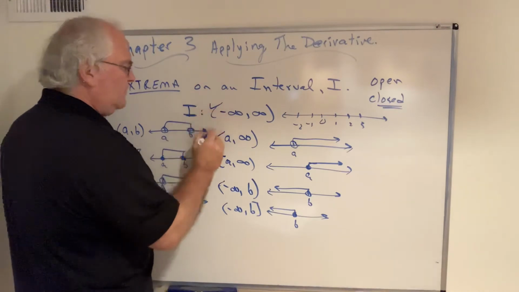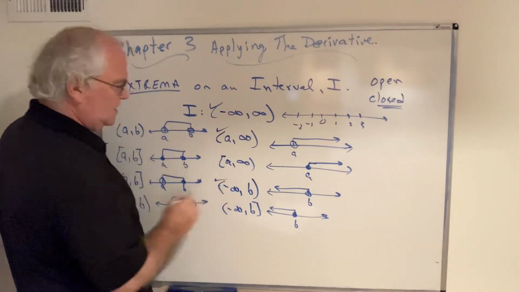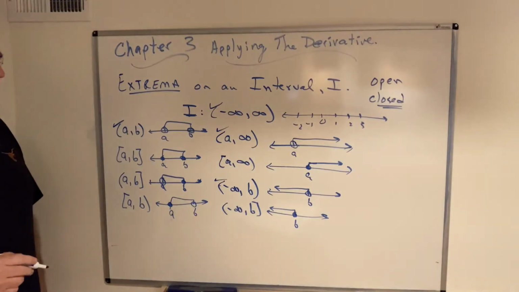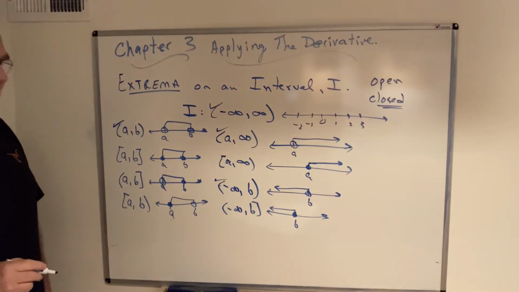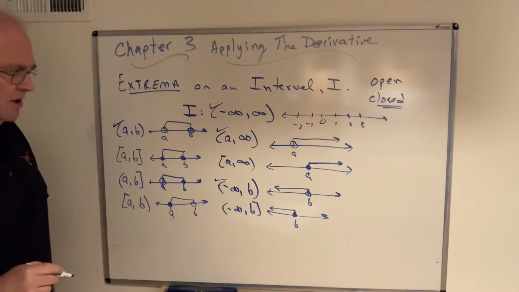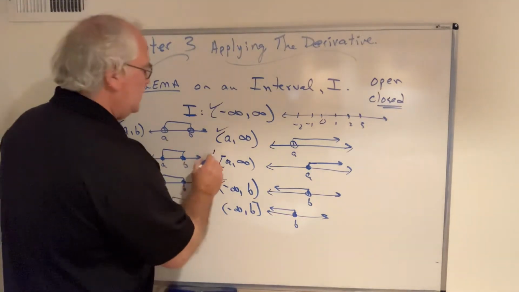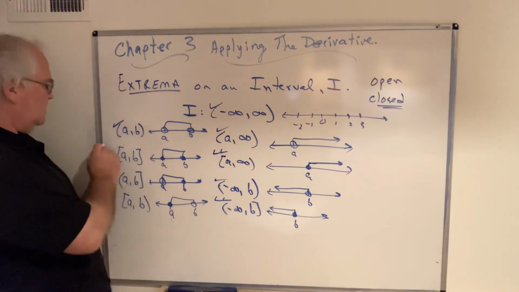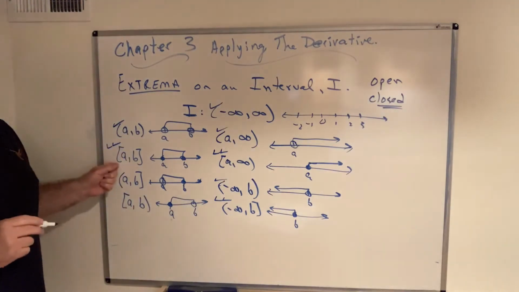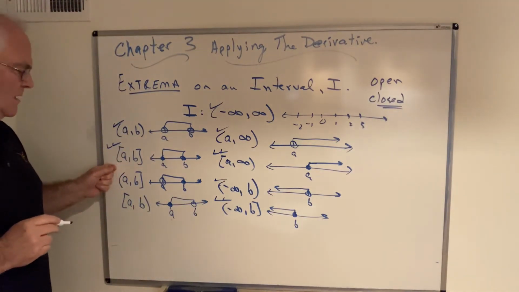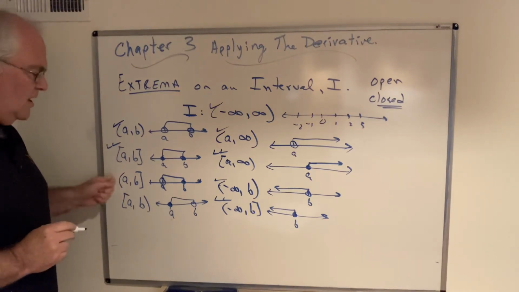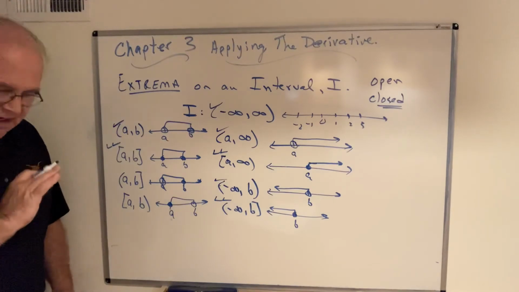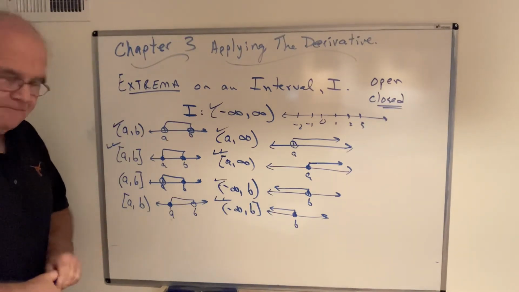This is an open interval, this is an open interval, this is an open interval, and this is an open interval. And then we also have something called a closed interval. This is a closed interval, this is a closed interval, and this is a closed interval. These two are neither open nor closed for a technical reason that, again, we don't need to worry about.